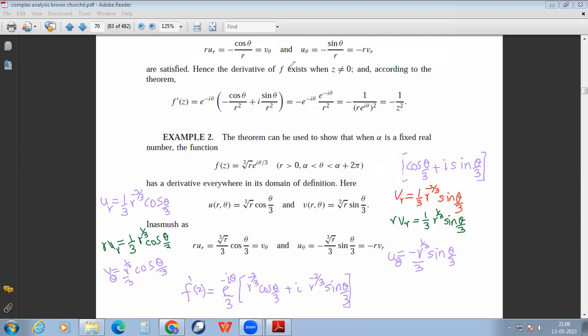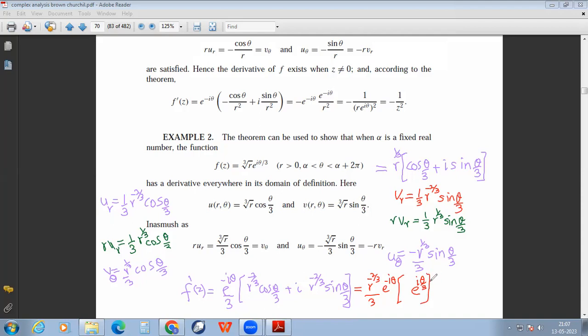Now, if you take r raised to minus 2/3 out, it will be r raised to minus 2/3 upon 3. e raised to minus i theta is there, no doubt. And inside, this will be cos theta by 3 plus i sin theta by 3, meaning e raised to i theta by 3.